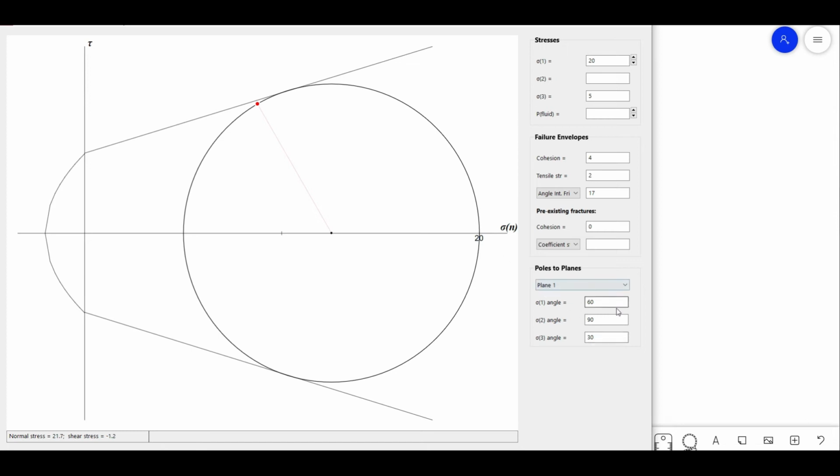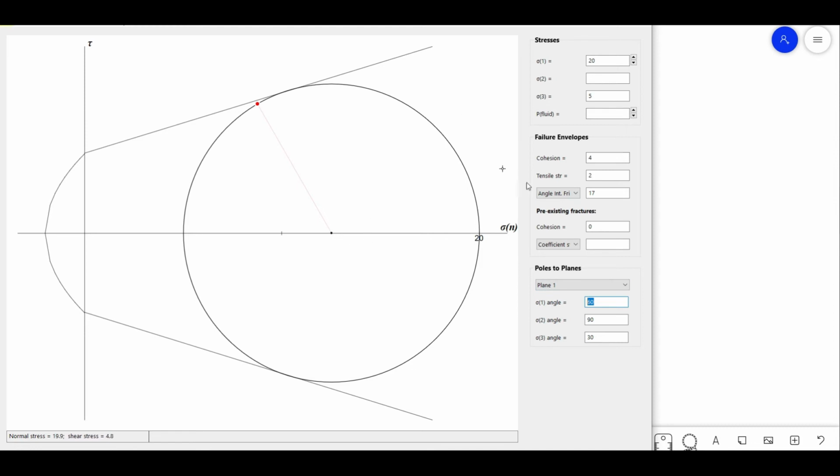Okay, so how to plot the point: we have already taken the sigma 1 angle as 60 degree, so simply make twice of it, that is 60 into 2, that is 120 degree, and measure that angle from the center of the circle in an anticlockwise direction.